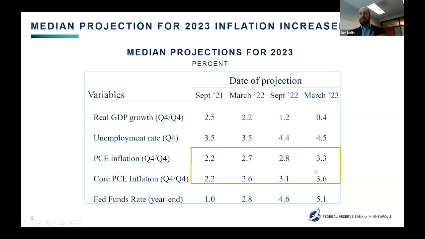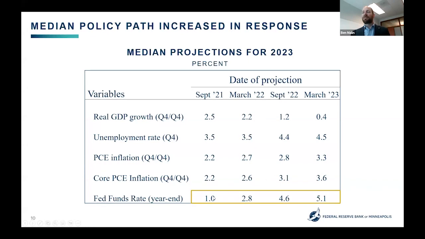Remember, GDP growth, unemployment rate, inflation, those are variables determined in the whole economy. They're outside of the control of the Federal Reserve, although our policy does influence them. How does the Fed respond to developments that caused expectations for slowing growth and for higher inflation? Well, the Fed's expectations for the interest rate that they would be setting at the end of this year increased.